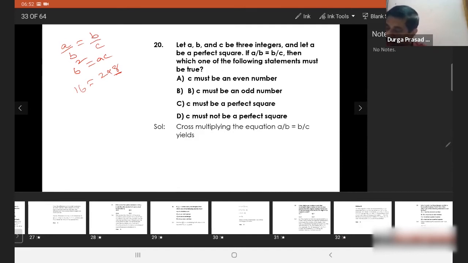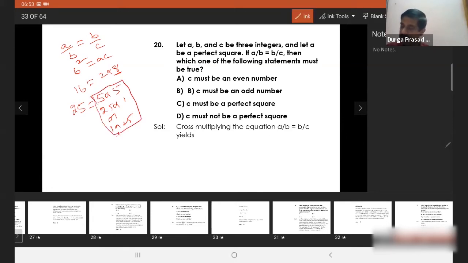He says C must be even, so it need not be even, isn't it? For example, you take 25, that is 5 into 5, or 25 into 1, or 1 into 25. These are the three possibilities. So C need not be even, right?